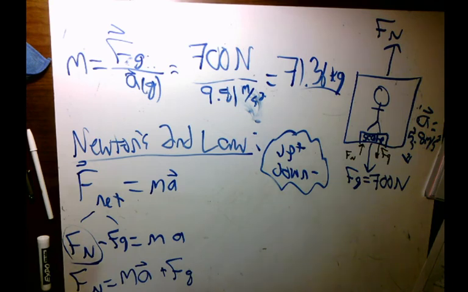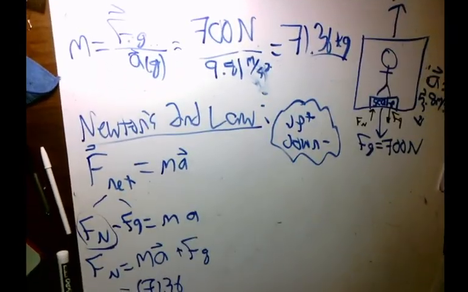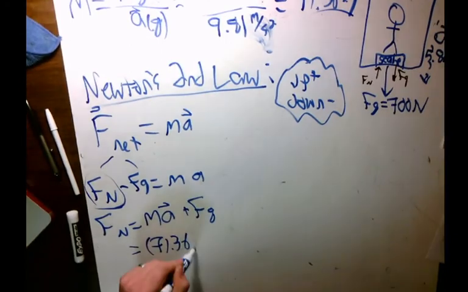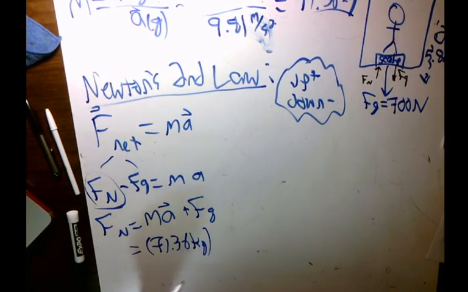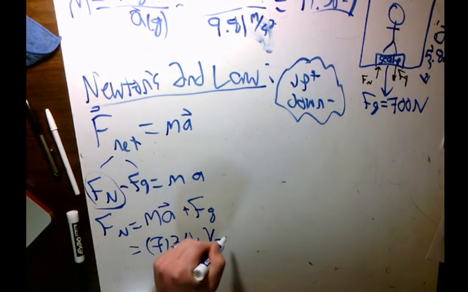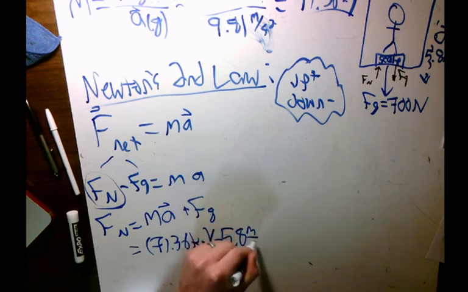Okay, so let's throw in our values. We have a mass of 71.36 kilograms and an acceleration of negative 5.8 meters per second squared.